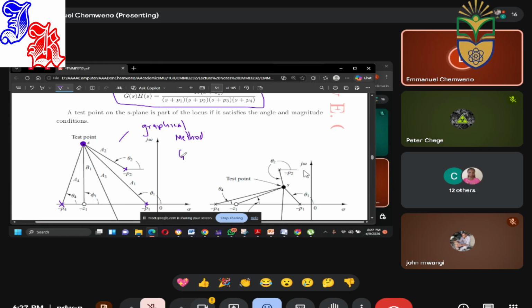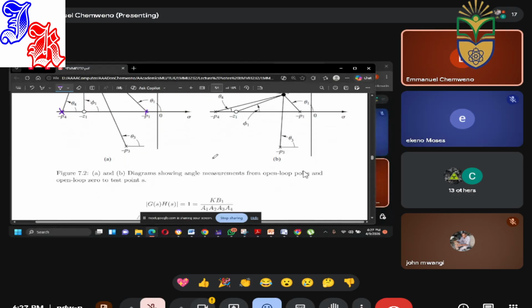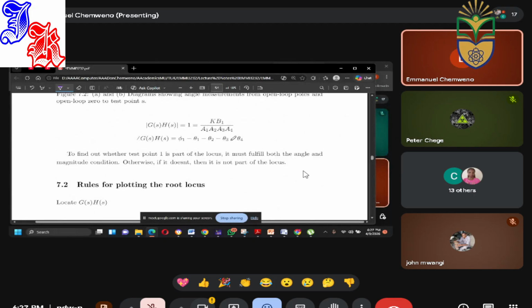The GH magnitude is equal to A1, A2, A3 over B1, B2. No, it's the opposite. It should be B over A.